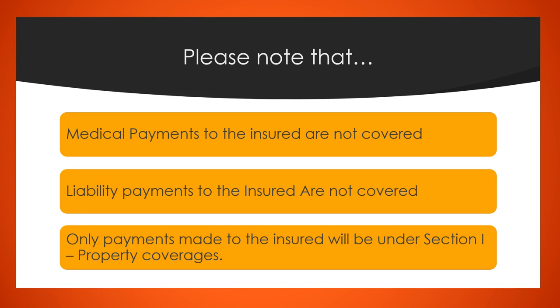Liability payments to the insured are not covered, and that's in Section 2. Only payments made to the insured will be under Section 1 property coverages. So liability protects the insured in the event that they are responsible for injury to someone else, such as a guest in the home. If they're injured, they'd be covered under Section 2 of a home policy.